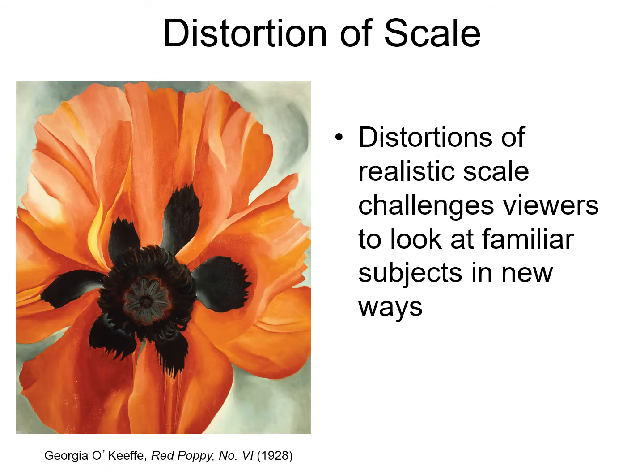An actual red poppy is about maybe 3 inches, maybe 4 inches in diameter. But here in Georgia O'Keeffe's red poppy, she's scaled it up. This canvas is about 40 by 30 inches. So the flower that you see here is something on the order of about 10 times larger than an actual red poppy. The point is to sort of force the viewer into a microscopic view, except that we haven't looked with a lens into our subject matter.